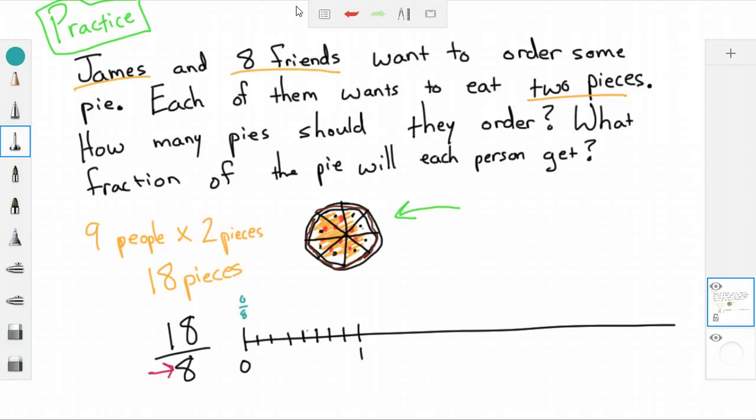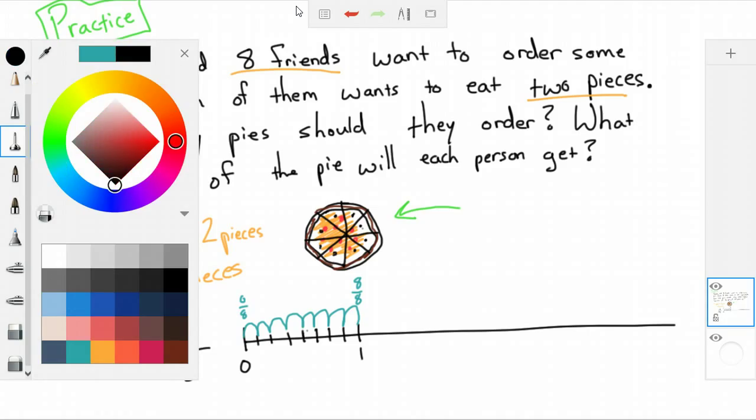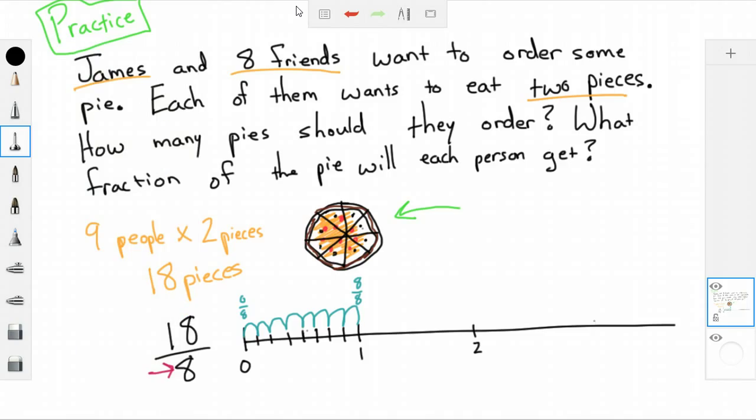Now I need to count up to 18. 0 eighths, 1 eighth, 2 eighths, 3 eighths, 4 eighths, 5 eighths, 6 eighths, 7 eighths, 8 eighths. Not to 18 yet. I'm going to need to keep going. So let me go ahead and put this right here at 2 and 3, and we'll see if I need more. 1, 2, 3, 4, 5, 6, 7. All right, so let's keep counting up here.